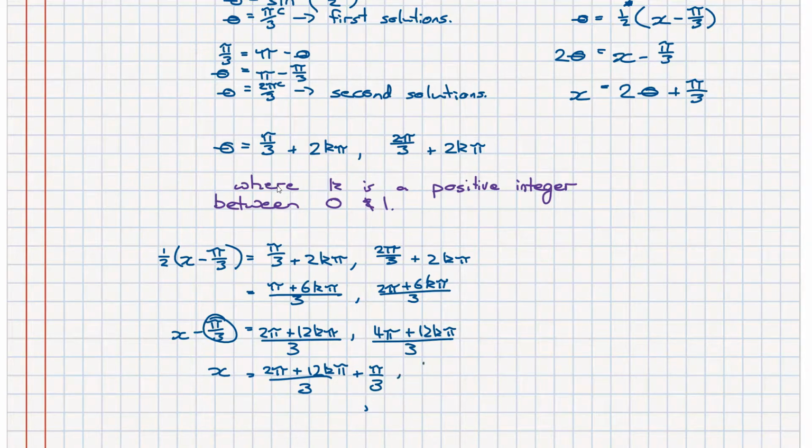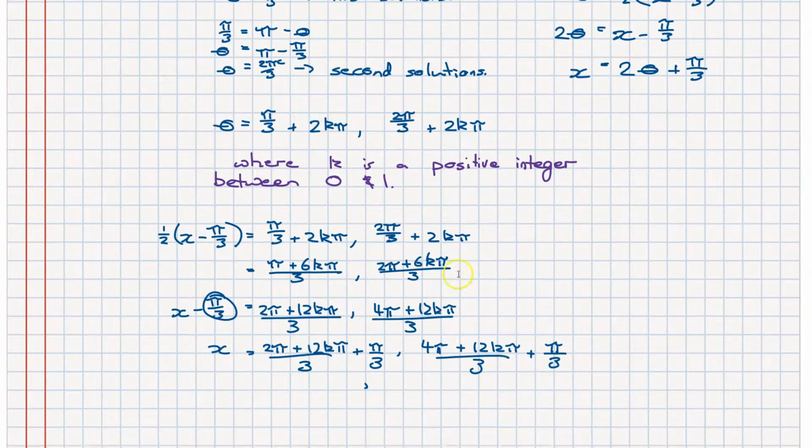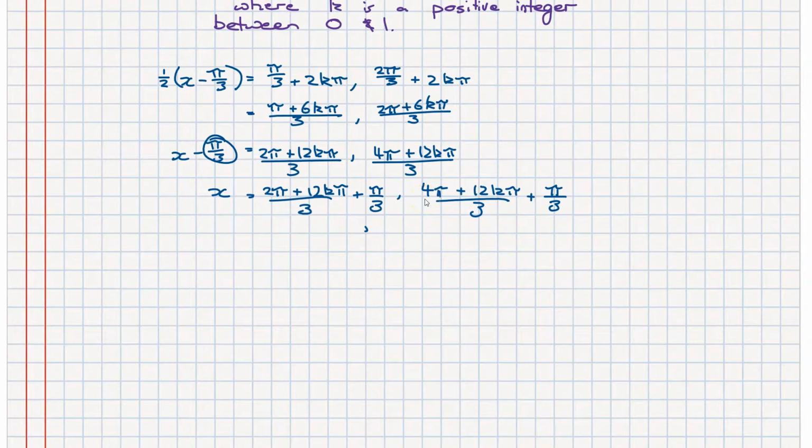And then we're going to have 4 pi plus 12k pi over 3 plus pi over 3. And continuing onwards, luckily these are in a common denominator, so there's no work in between.